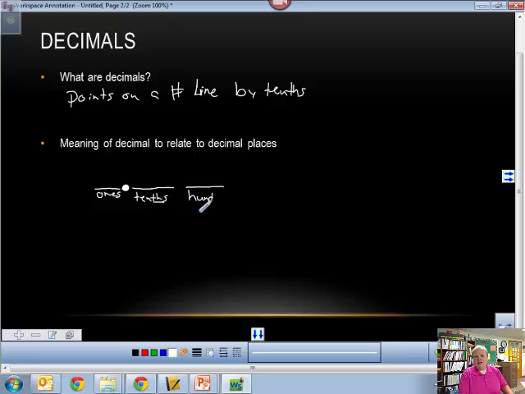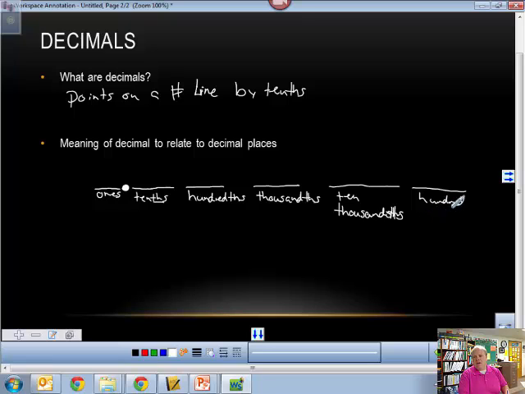The hundredths. The thousandths. The ten-thousandths, the hundred-thousandths, and we could go on and on with how we are going to be putting our decimal places.